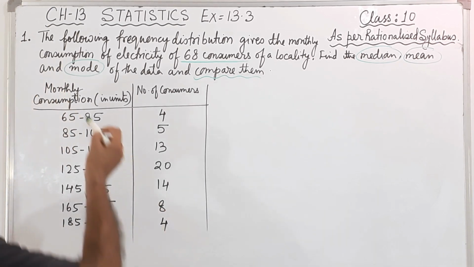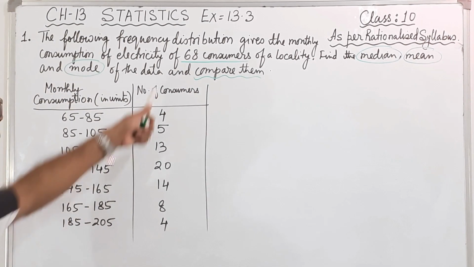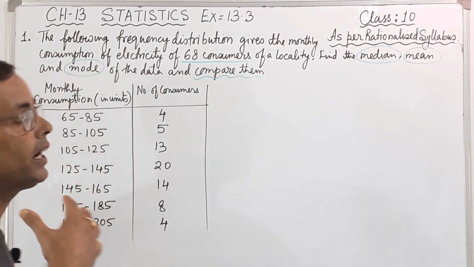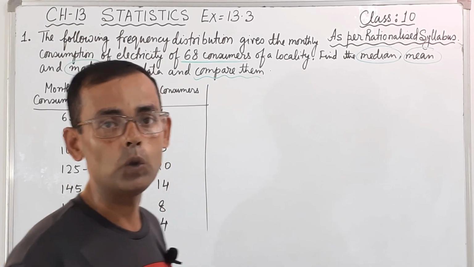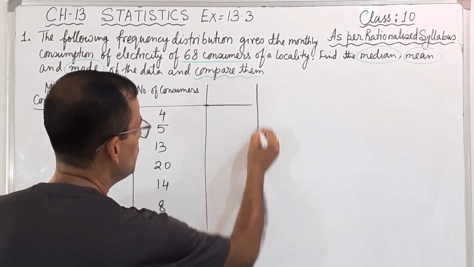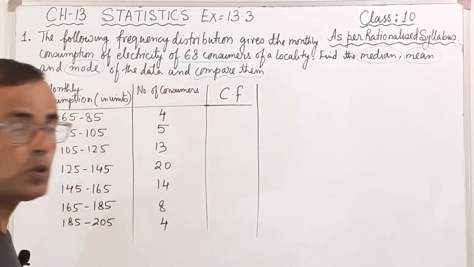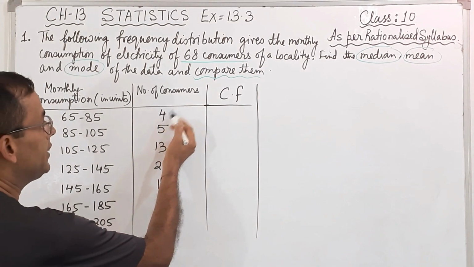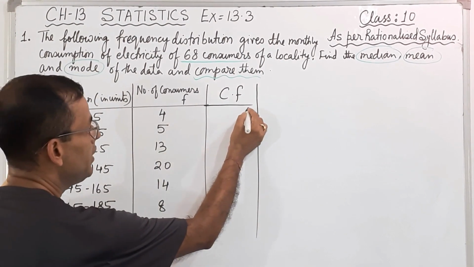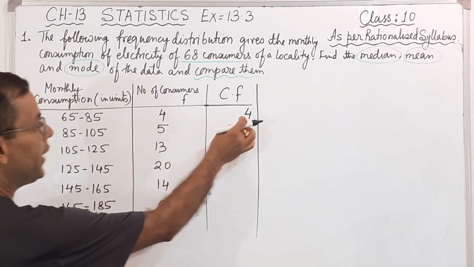Okay. So this is the data given, monthly consumption in units and number of consumers. When we are going to find out median, what I told you, we have to make a third column, that is called the cumulative frequency, CF. And how to do the CF? We will take the frequency and go on adding. 4, I wrote 4.